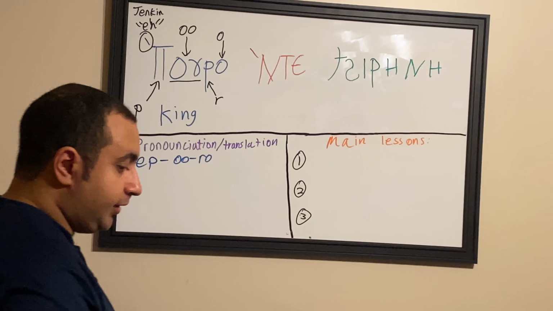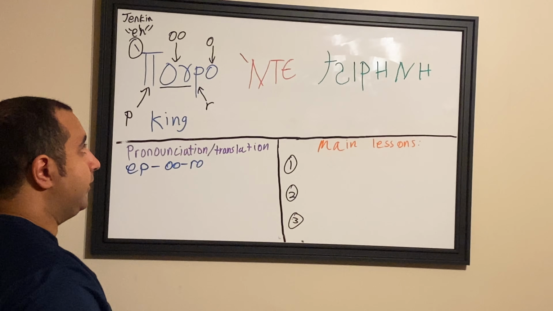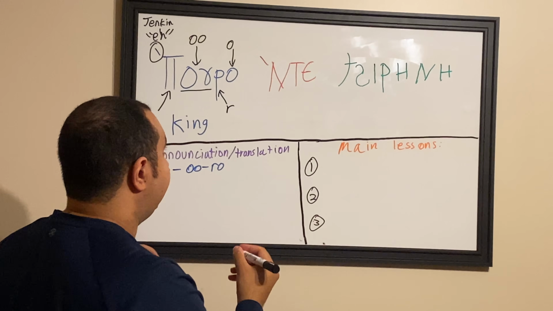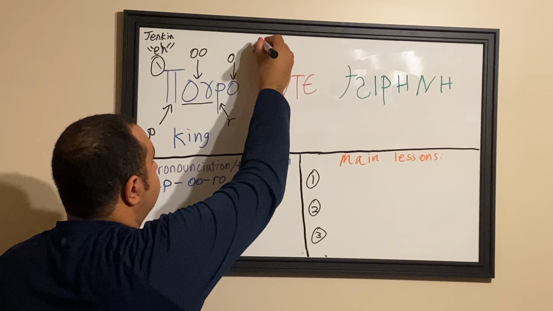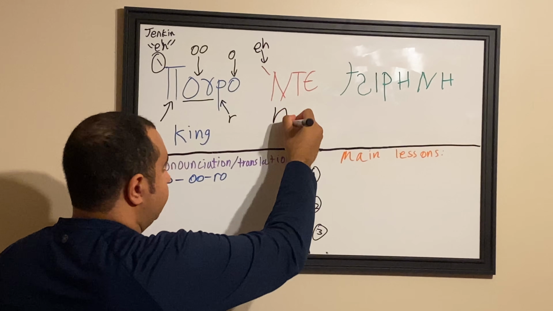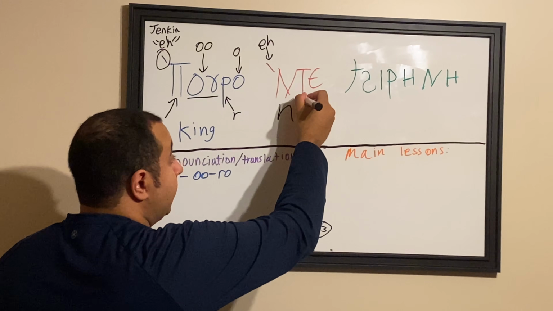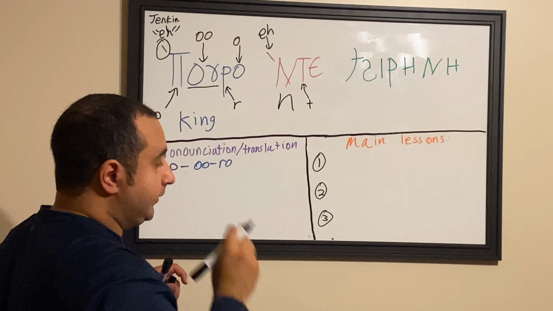The next word is a lot easier. It's 3 English looking letters, and they're all very basic. But there's also another jenkin. So, starts off with EH. There's an N, which just sounds like N. A T, which sounds like a hard T, like t.